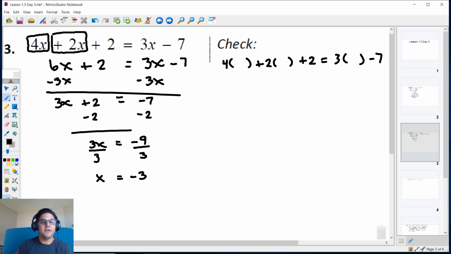I'll use a different color for the x value, which is negative 3. I think the check is very helpful to see if you can get correct answers, and it's a way to check your thinking, too.